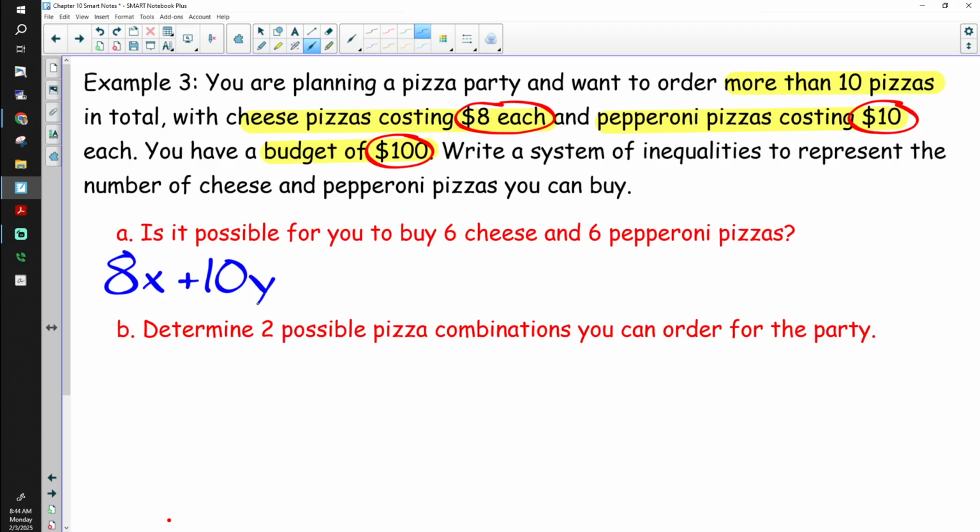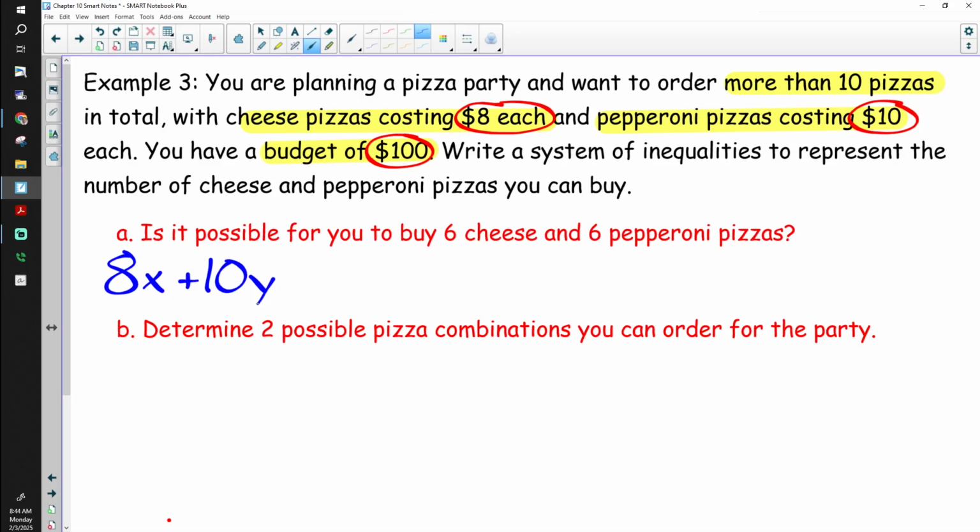It's not going to be equals. My budget is $100, which means how much am I allowed to spend? Can I spend $100? Yeah. Can I spend $50? Yeah. What can I do? I can't spend more than $100.